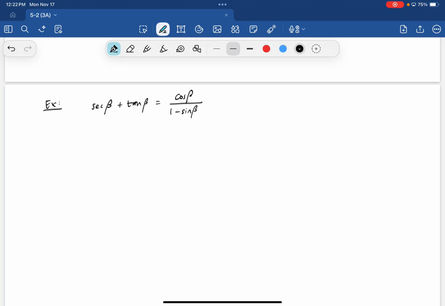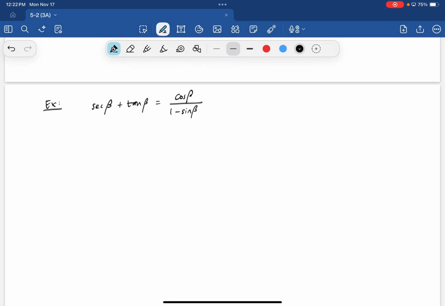Okay, so both of them seem kind of complicated, so we might have to simplify both sides in some way. But let's start with the left side. We're kind of stuck. We don't know any identities here. And so let's just convert everything to, no, right side is not 1 because 1 minus sine is not cosine. It's 1 minus sine squared, that's cosine squared. And then let's convert the left side to sines and cosines.